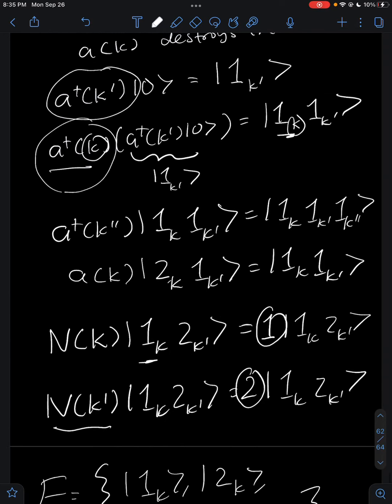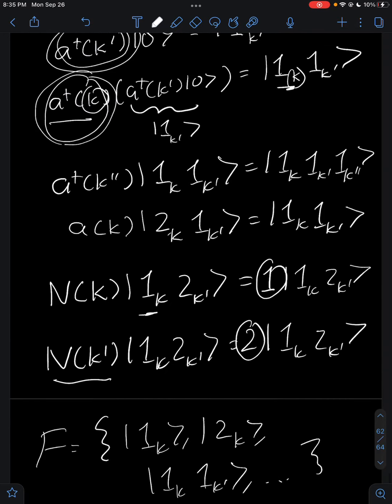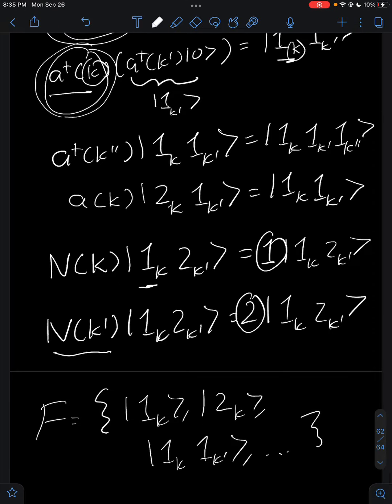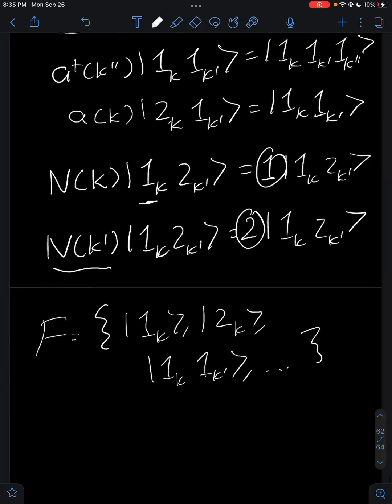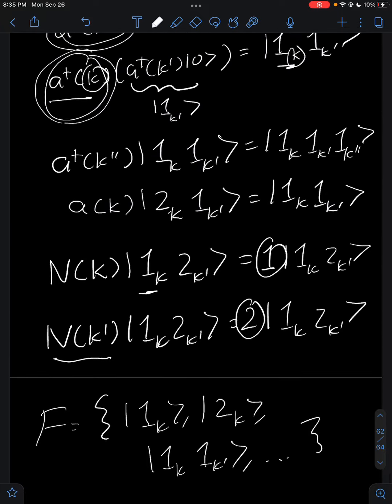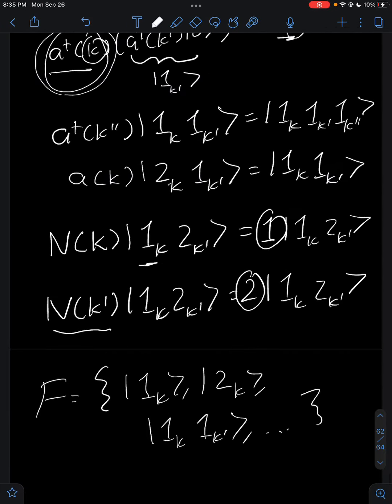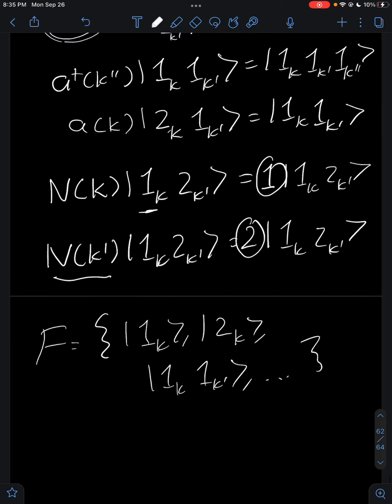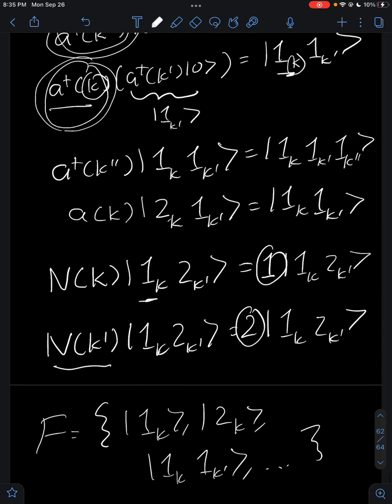These operators allow us to get to any Fock state that we want to. So they allow us to move along our Fock space. And I think that's pretty much it for today's video.